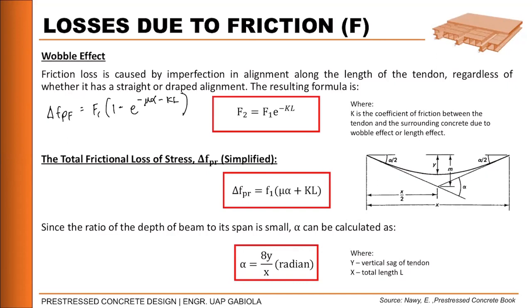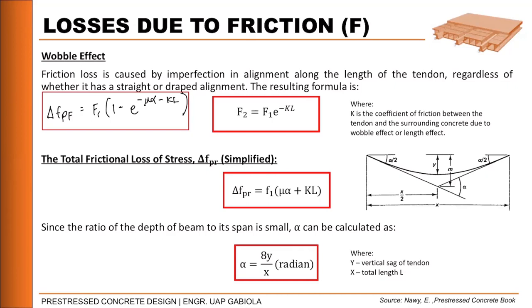So this is our main formula now kapag consider natin siya ng complete yung formula natin. And then meron siyang simplification na pwede. Yung simplification niya is considering lang na constant yung value ng friction dun sa curvature natin.